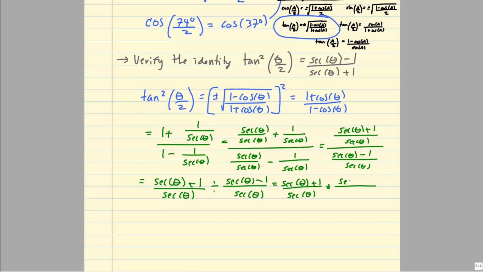So this secant theta would pop up top. Secant theta minus 1. So now these cancel, and I'm left with secant of theta plus 1 over secant of theta minus 1.